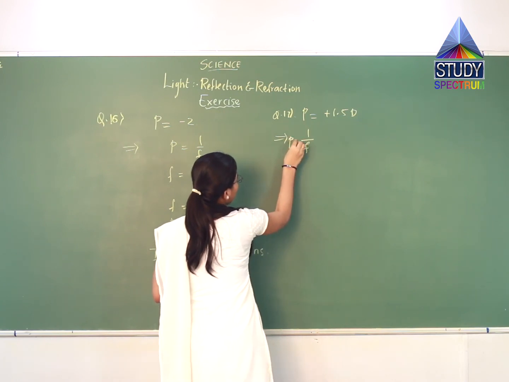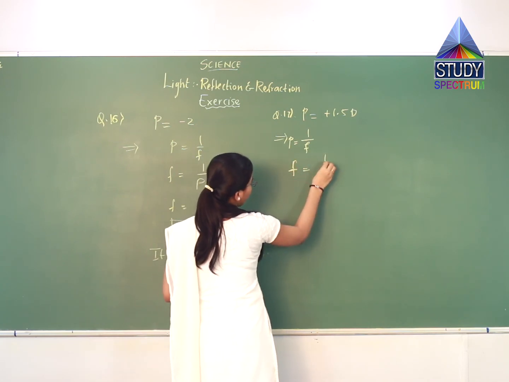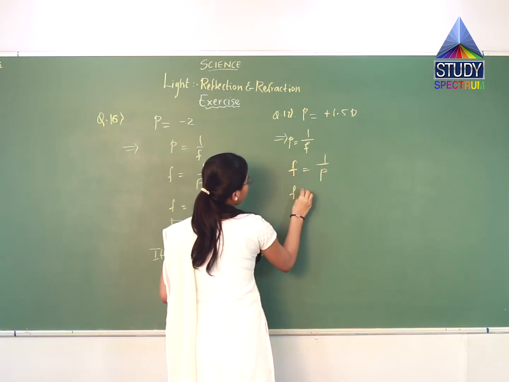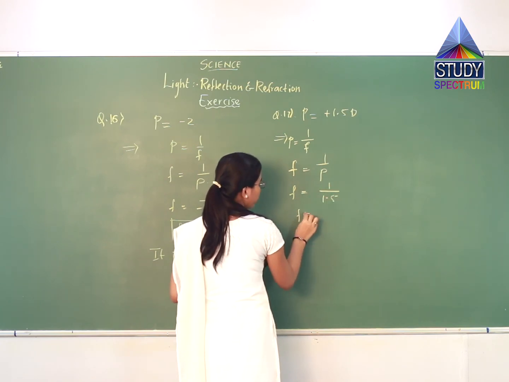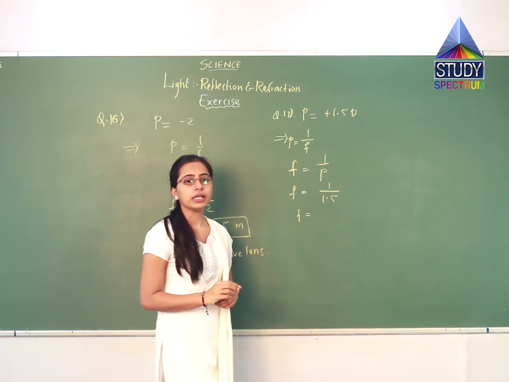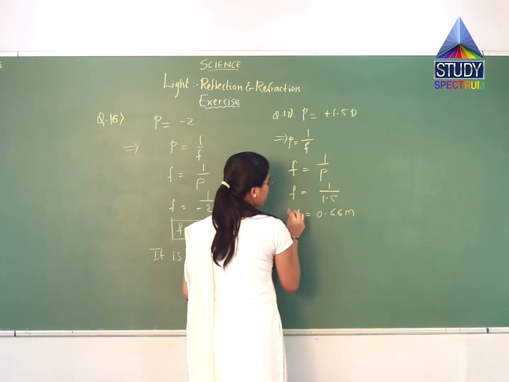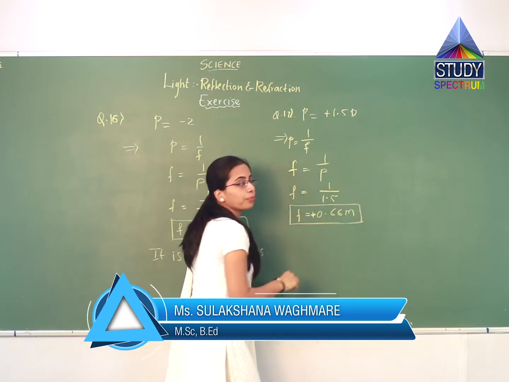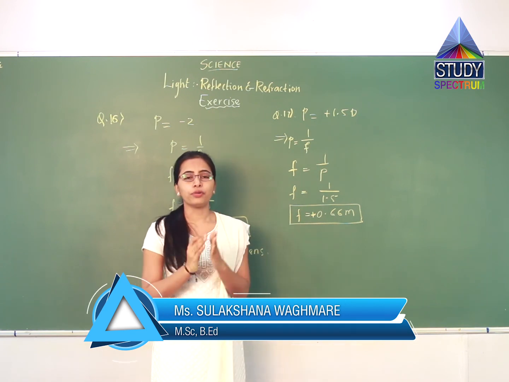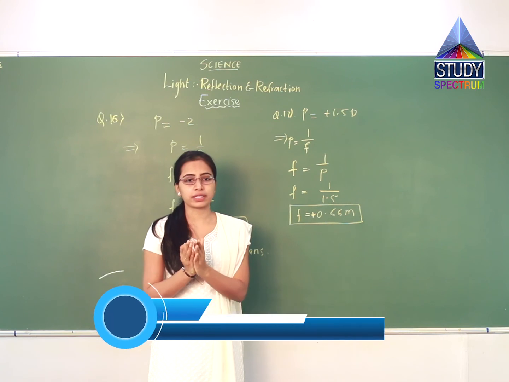As you know, P is equal to 1 upon F. So F is equal to 1 upon P. So F will be 1 upon 1.5. So F you will get here, it will be 0.66 meter. So now you can see this is of plus value, and the focal length which has the plus value is a convex lens.